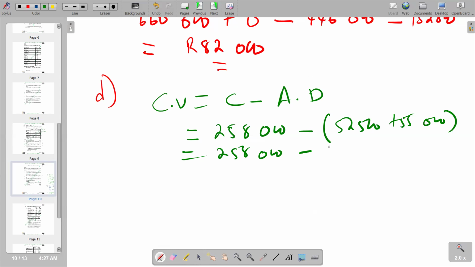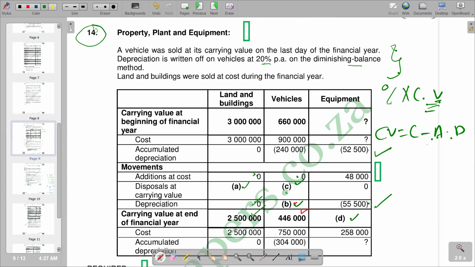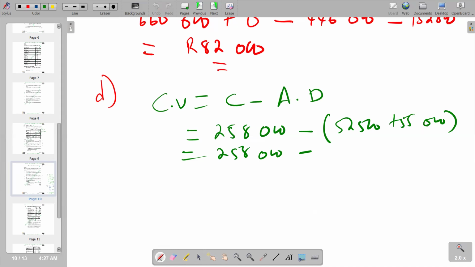So we're going to subtract. Yeah, this one is 55,500 again, so I think we have to correct that one. Here we got 55,500, so we can just correct here. Therefore, we are saying 55,500. And when we add the two, we are supposed to get 108,000.